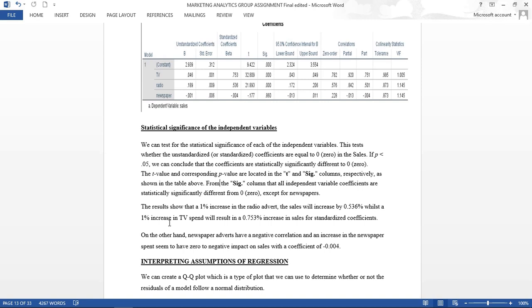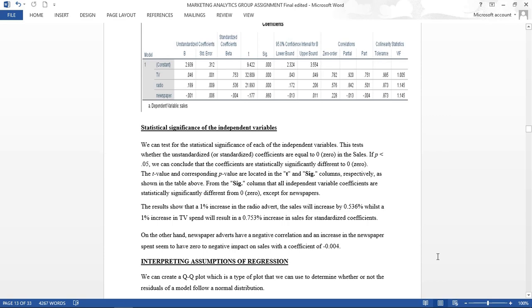On the other hand, sales obtained from advertising through the newspaper have a negative correlation, and an increase in newspaper spend seems to have a zero or a negative impact on the sales, with a coefficient of negative 0.004.